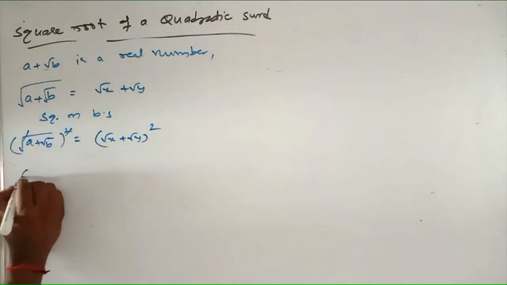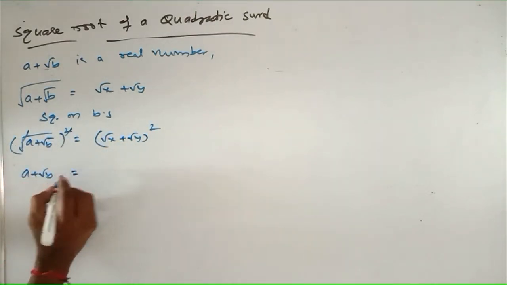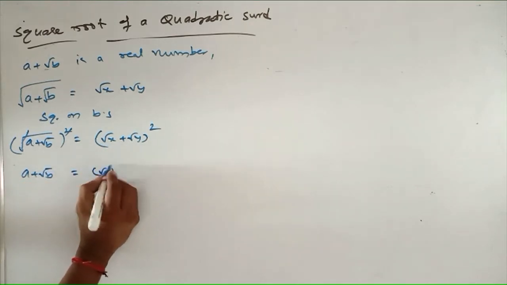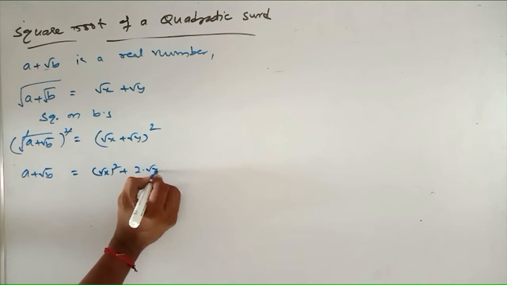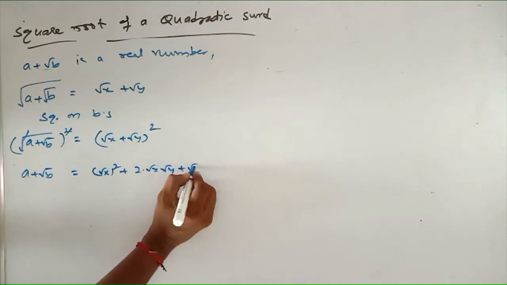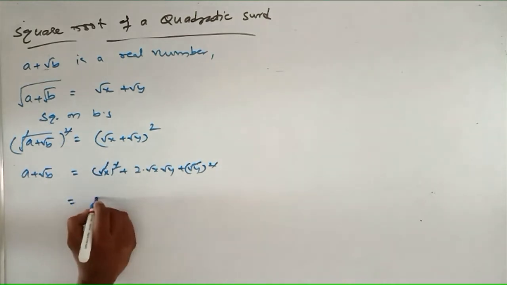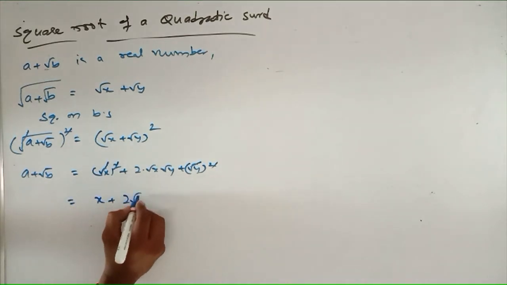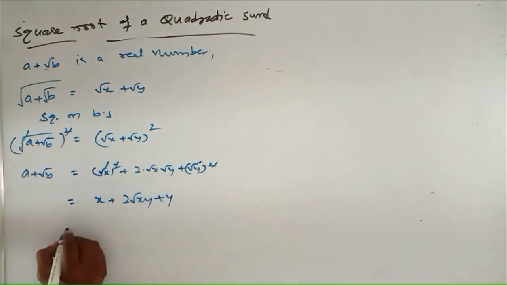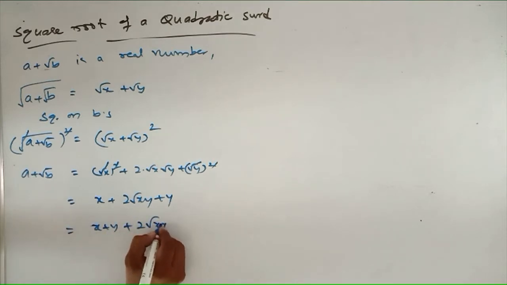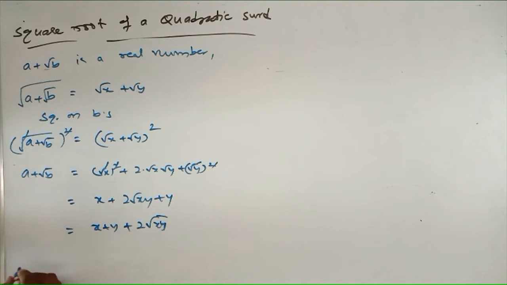Using the (a plus b) whole square formula, that is root x whole square plus 2 into root x into root y plus root y whole square. That equals x plus 2 root xy plus y, which is x plus y plus 2 root xy. By solving these equations I will get the values of x and y.